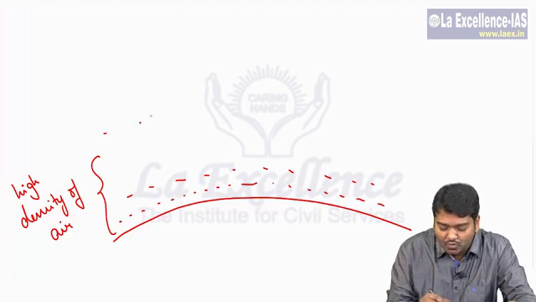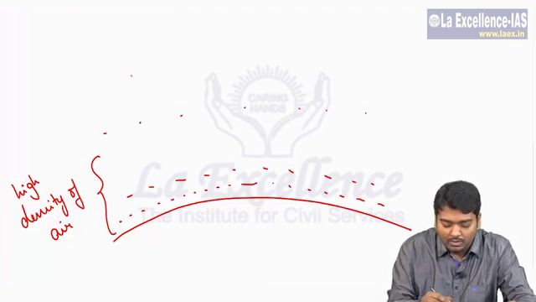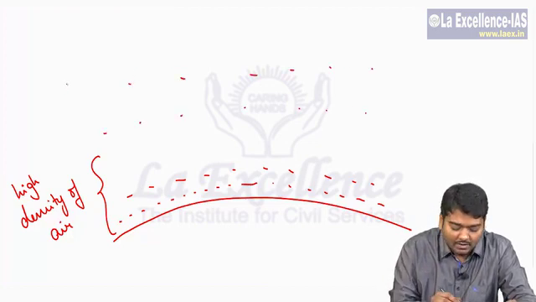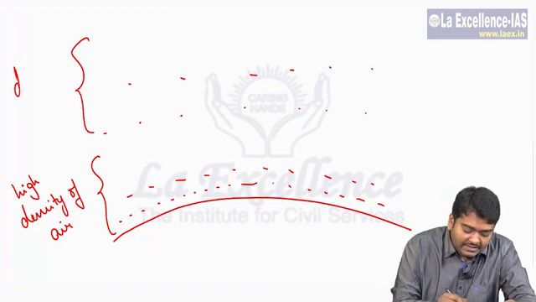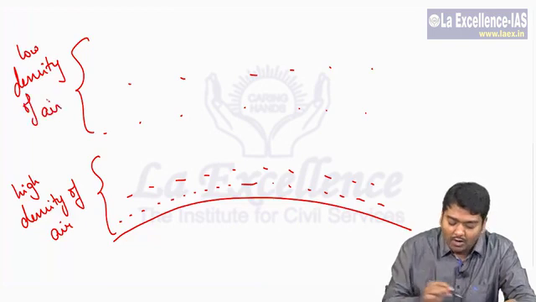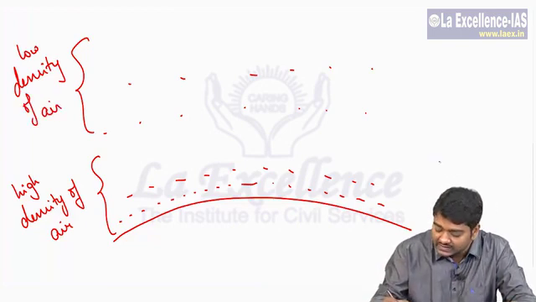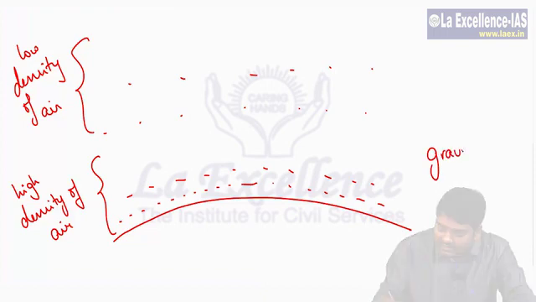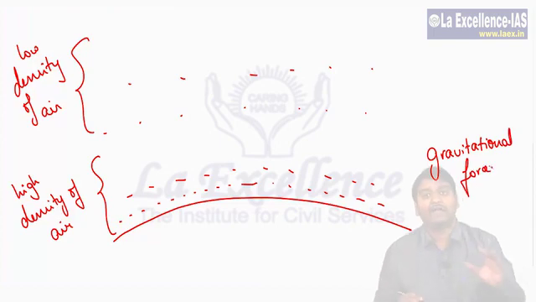And as you move above, like this, density reduces, or we call it low density of air. Why is this difference? This is because of the gravitational force. So why are we talking about this? I'll tell you what is the significance of this.